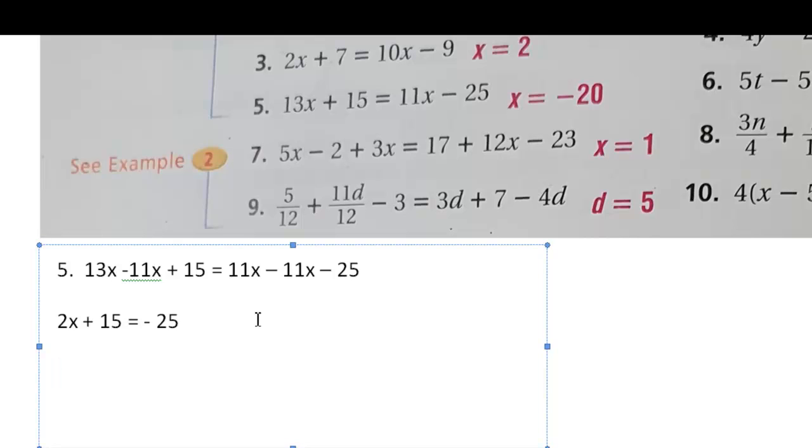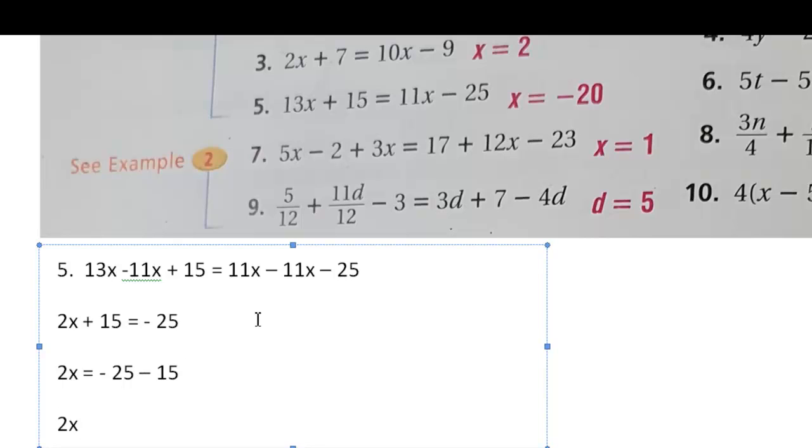Now it's a simple equation. First, remove 15 from its side by subtracting 15 from both sides. 2x, and plus 15 minus 15 is 0, equals negative 25 minus 15.